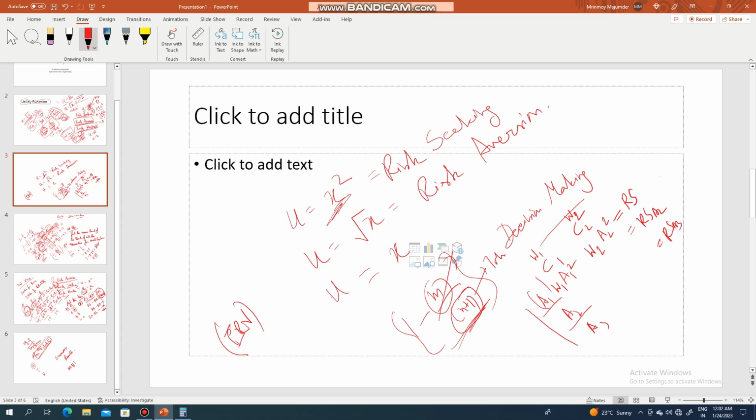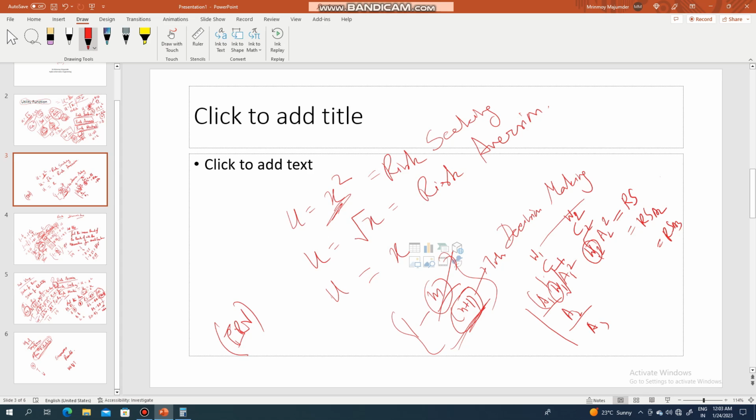Similarly, you multiply the weightage with the square root of A1, multiply the weightage with the square root of A2, and multiply the weightage with the square root of A3. So this is what we will say.